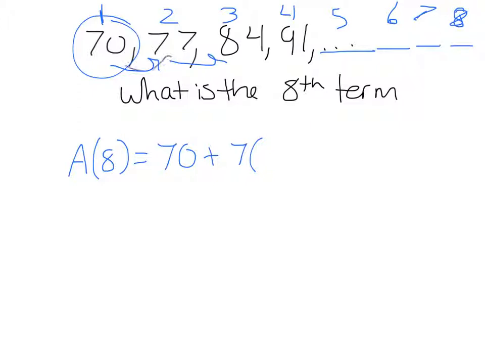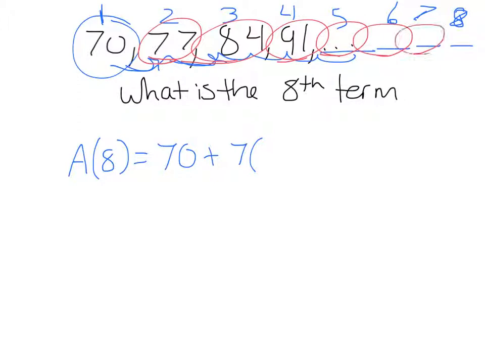Each time we were adding 7. So how many times did we add 7? 1, 2, 3, 4, 5, 6, 7. So we added on 7 times, but 7 is 1 less than 8, right? So we're going to take that common difference of 7 and multiply it by 7, because we really added 7 on 7 times.